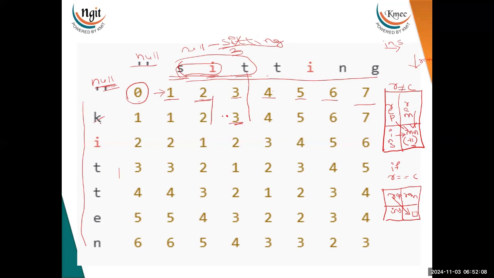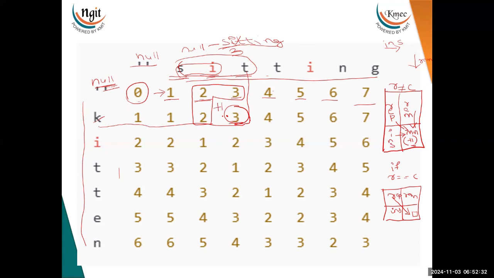So K is being compared with T. Now, how did we arrive at the value 3 here? Consider the minimum of these 3 numbers. So the minimum of these 3 is 2. So just add +1 to it. So that's how it became 3.